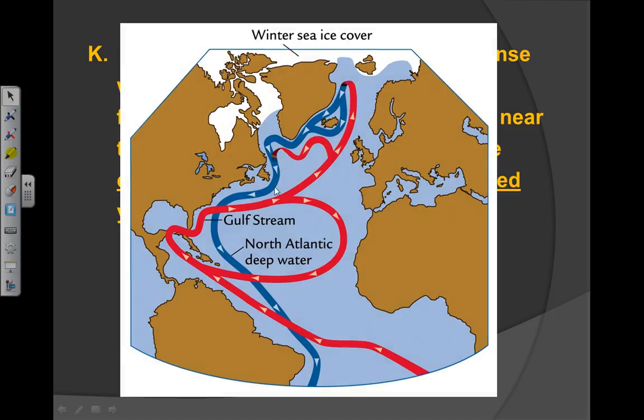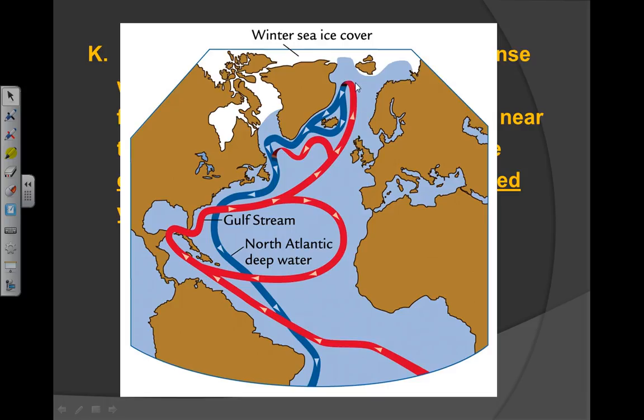If you'll look, this is another picture of the same one I was showing you before. Here's Great Britain. Here is the United States. We're right here. Here is Canada. Here is that warm Gulf Stream that's moving up this way and causes Great Britain to have a warmer climate than you would imagine for as far north as it is.